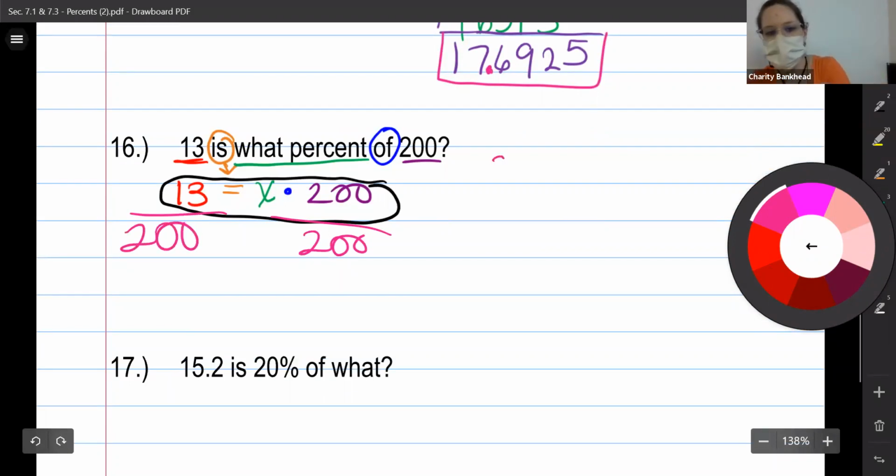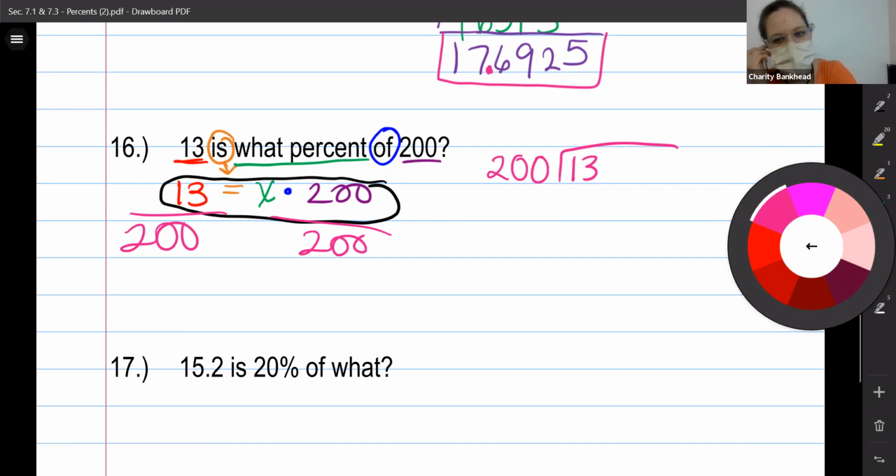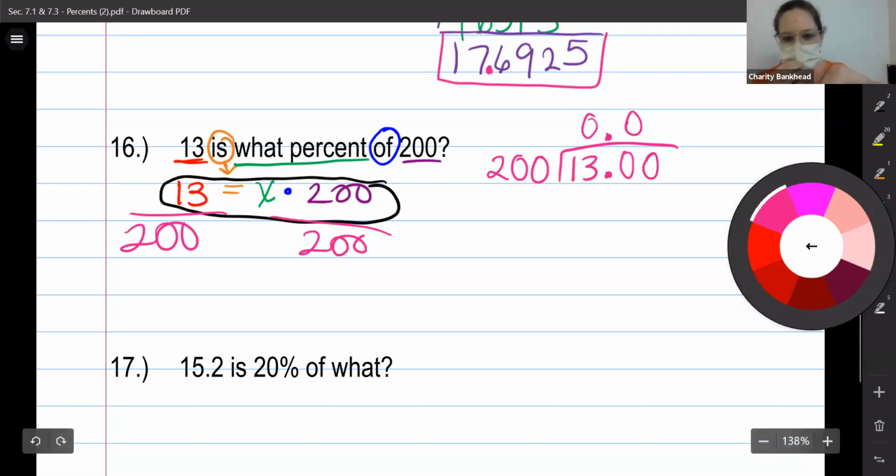So I've got to do 200 going into 13. All right, so 200 can't go into 13, so I'm just going to put a 0, a decimal point, put a 0 there. So 200 cannot go into 130 either, so put another 0 there, put another 0 there. So 200, so how many times can 200 go into 1300? So in other words, it's the same thing as saying how many times can 2 go into 13? So that would be 6.